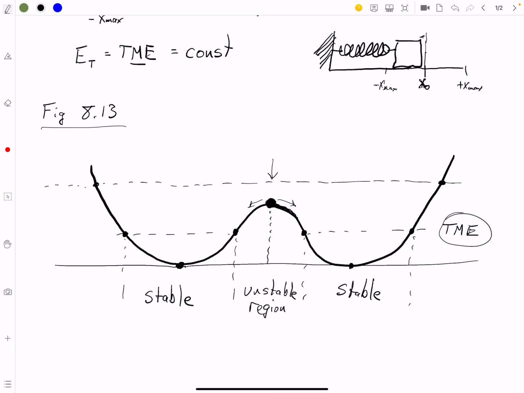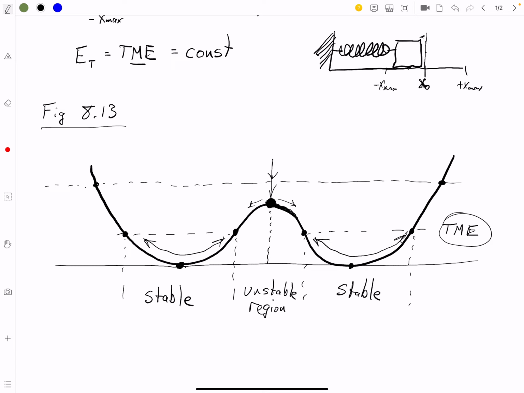Stable and unstable, okay? So in other words, I could take and place the ball right there, and it would want to stay there until it got bumped. And then once it gets bumped, then it will find itself in either this region or this region.